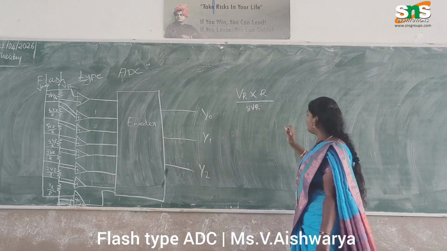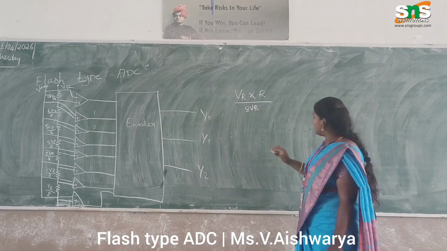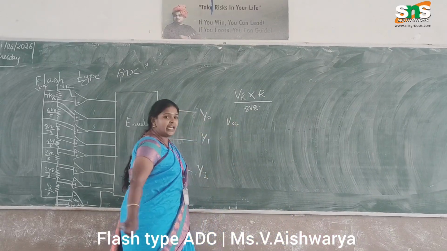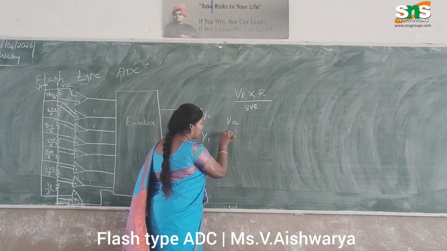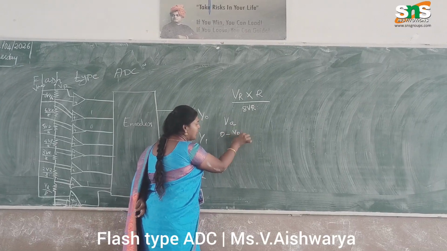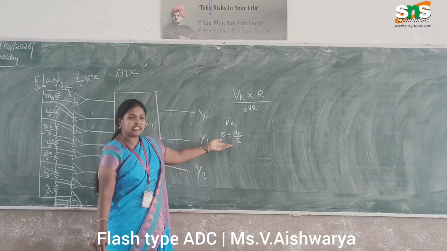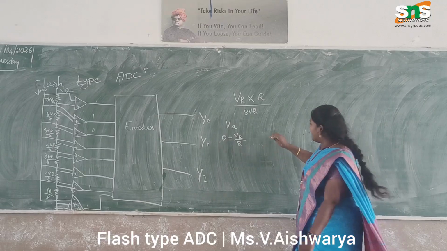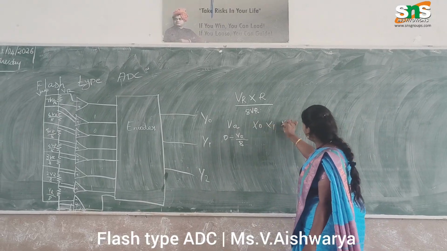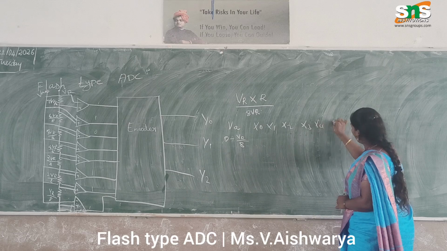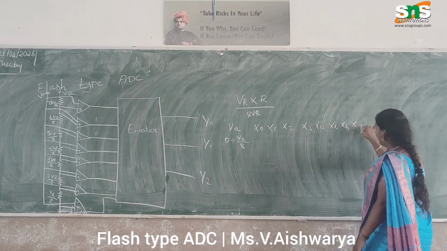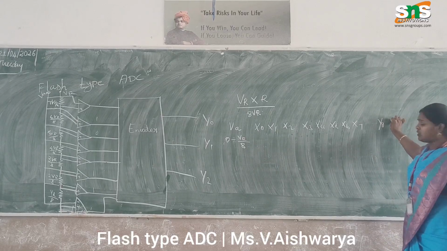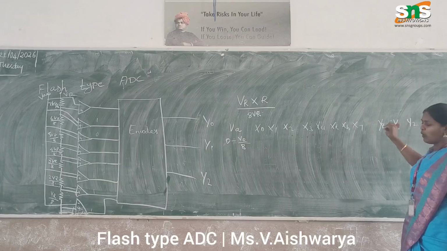That's why we use a tabulation method to understand this. The applied input VA is written here, the first one as 0 to VR by 8. In this condition, we have 8 comparators in total, so I write x0, x1, x2, x3, x4, x5, x6 and x7 as the comparator outputs, and the encoder outputs are y0, y1 and y2.